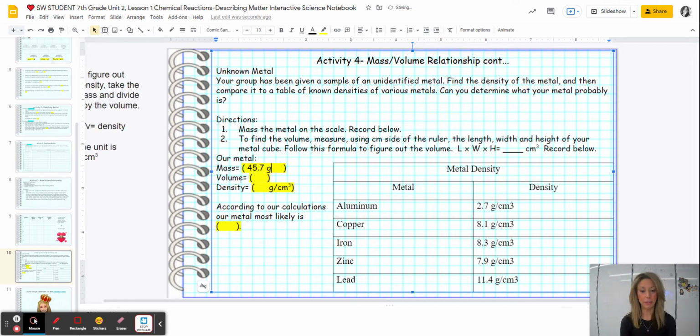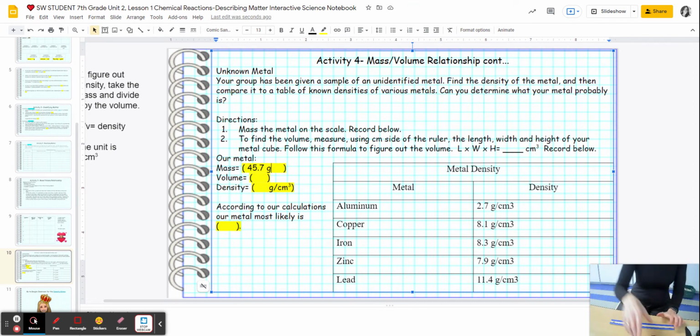Now for its volume, we are going to do the ruler method, where we are using the formula length times width times height. It's a cube, so we're going to be measuring cubic centimeters. We have length, height, and width.